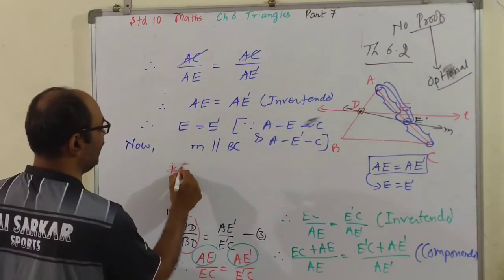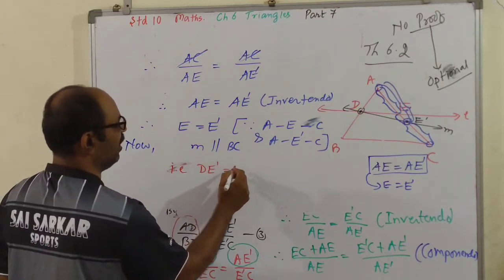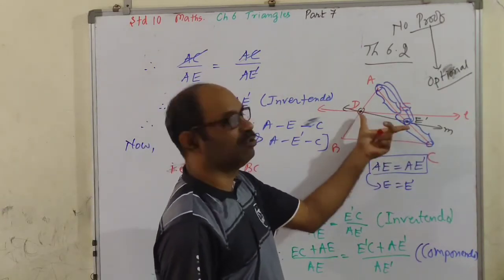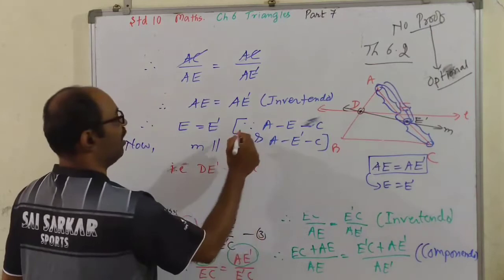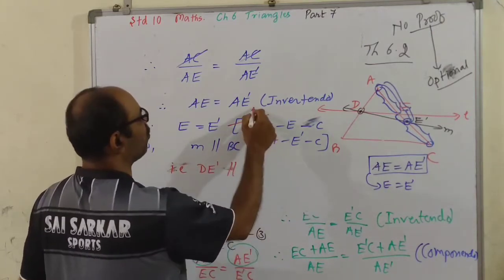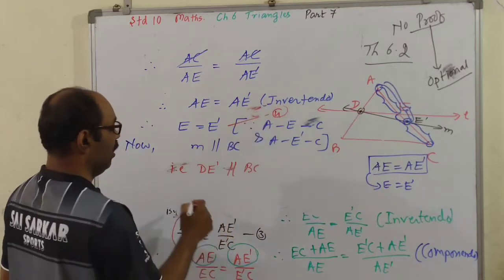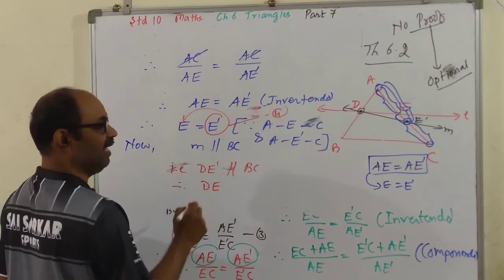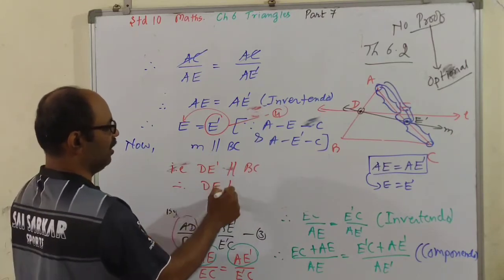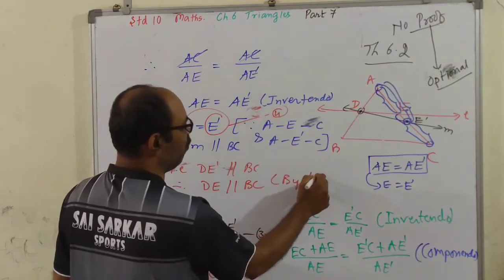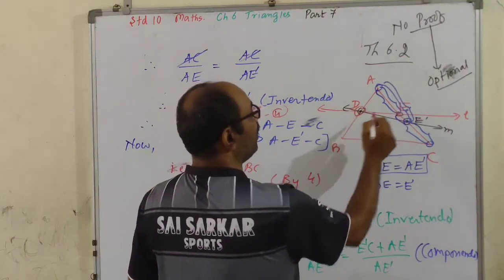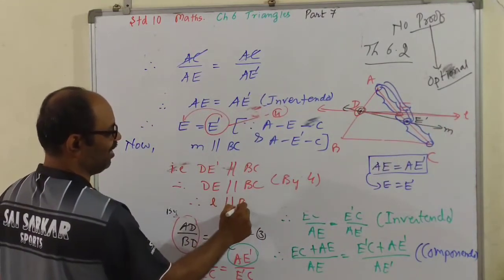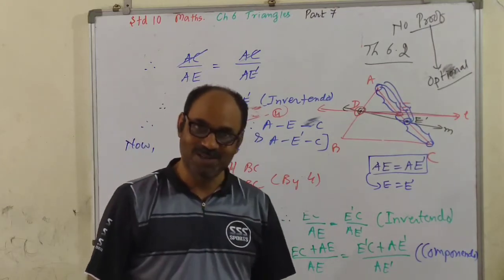Therefore, DE dash is parallel to BC. The other name of line M is DE dash, as D and E dash are both points on it. I'll call this result number 4. But what is E dash? It is E. So in place of E dash write E. DE is parallel to BC by 4. Now D and E are on the line L. Therefore, L is parallel to BC. I hope you have understood this.